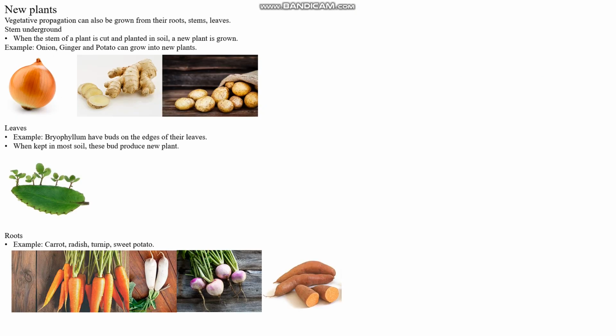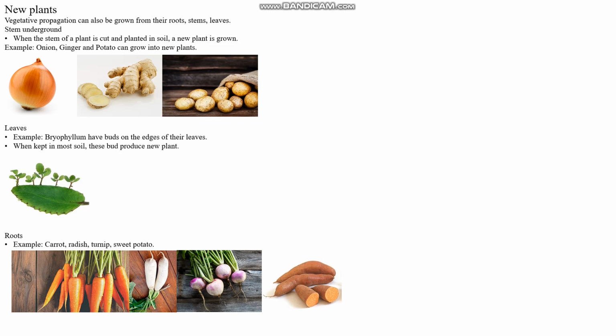Next is how plants grow from stem. When the stem of a plant is cut and planted in soil, a new plant grows. Here are some examples of stems which when planted in soil grow into a new plant. These examples are onion, ginger and potato. Next, leaves. For example, bryophyllum has buds on the edges of its leaves.